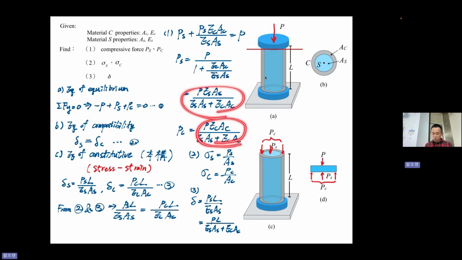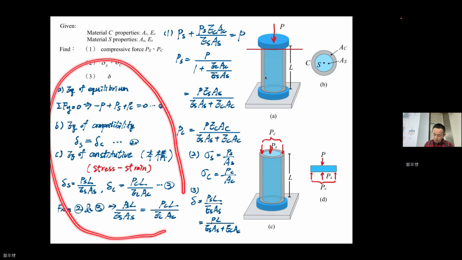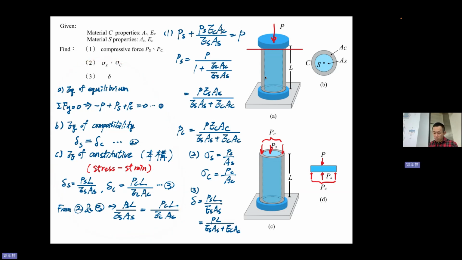And this one also looks symmetric. So the main part of this problem, the most important part, is that you need to know how to write down the force equation and the correct compatibility equation, and then link the delta to the force through the constitutive relation, and then everything can be solved.